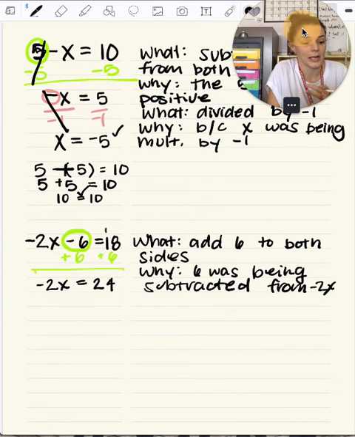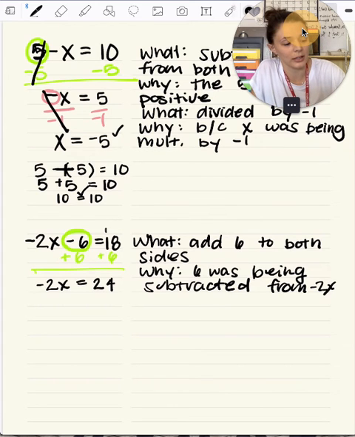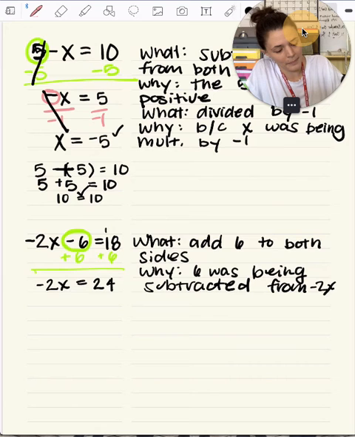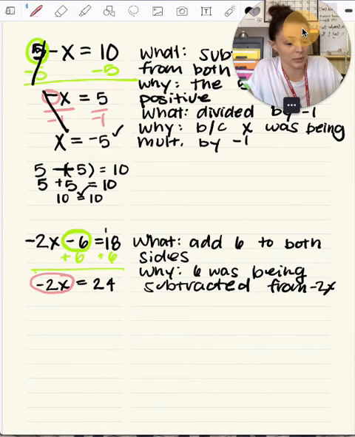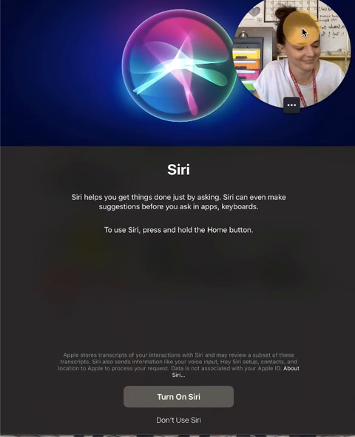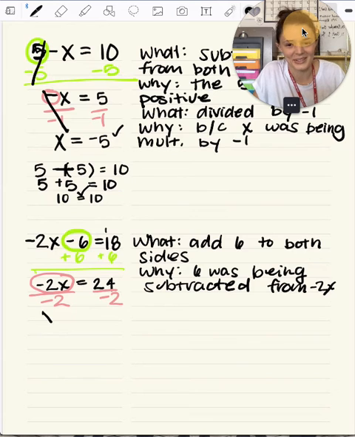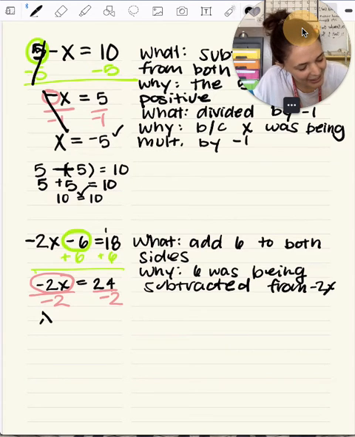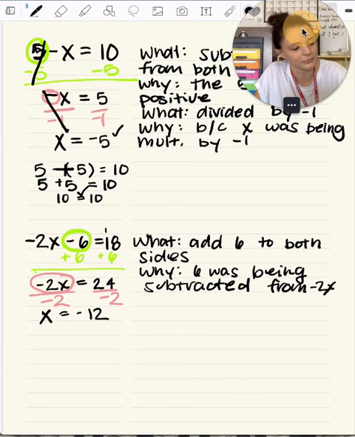All right, now to get my final answer, I need to do my multiplication or division. I see right here that x is being multiplied by -2, so I'm going to divide both sides by -2, and that will give me, sorry about that, that will give me x equals -12.